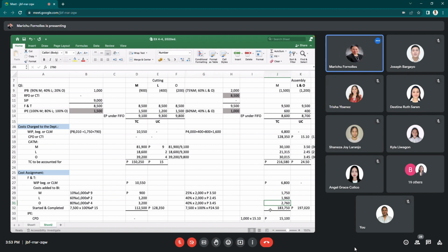2,760. So remember, our F&T in assembly is 9,500, of which 2,000 units were started last month. So if you deduct 2,000 from 9,500, that gives you a balance of 7,500 units.